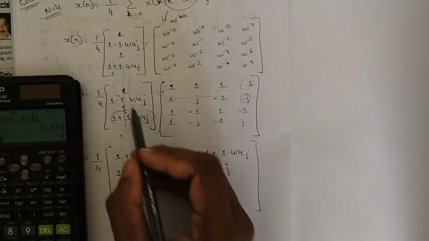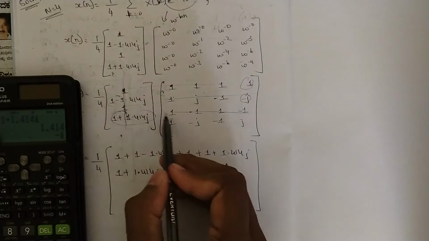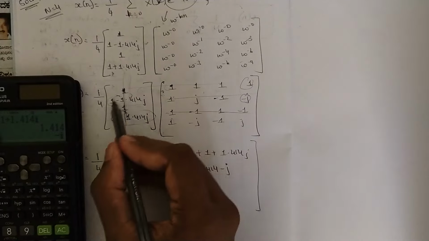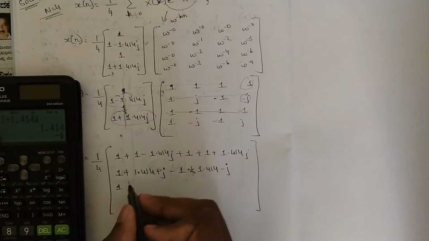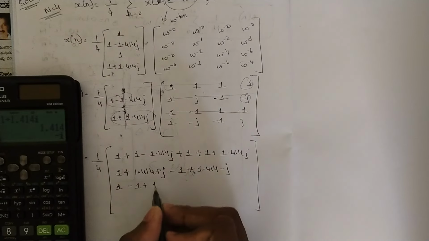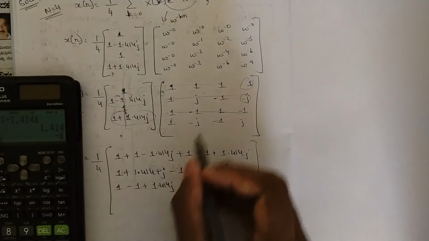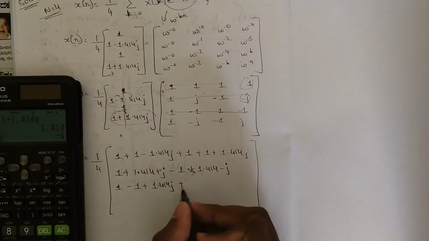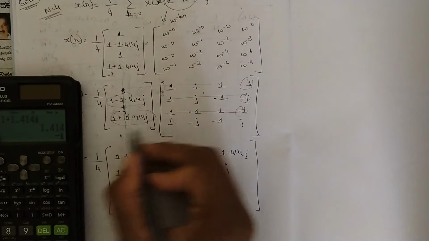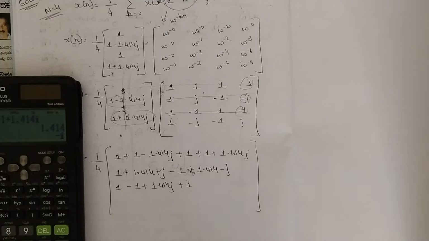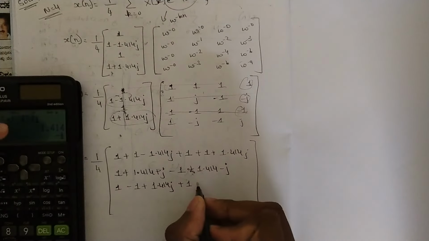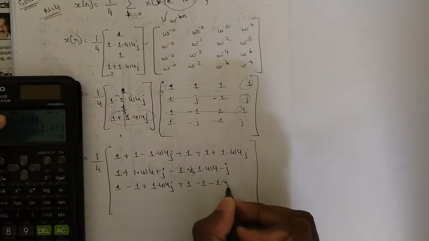Okay, so similarly this and this, so 1 into 1 is 1, this term into minus 1, these two signs would be changed, that is minus 1 plus 1.414j, then 1 into 1 is 1 again, plus 1 minus 1, and this term, so again the signs would be changed here, both would be minus 1 minus 1.414j.